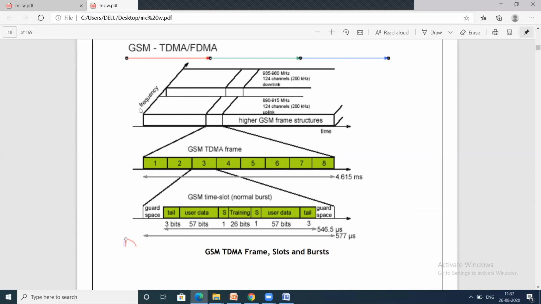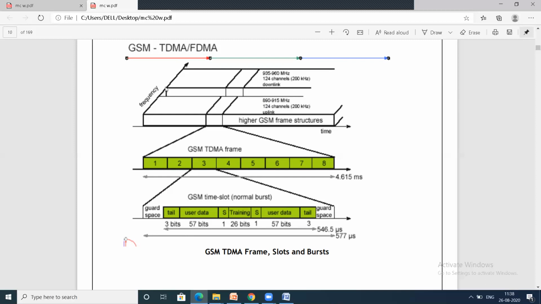Next, this diagram shows the GSM TDMA frame and FDMA. Here this is FDMA. The above part is FDMA. In the FDMA, we have two parts, 124 channels for downlink and 124 channels for uplink. This range is from 890 to 915 megahertz for uplink and 935 to 960 megahertz for downlink. Each of the 124 channels has a capacity of 200 kilohertz.